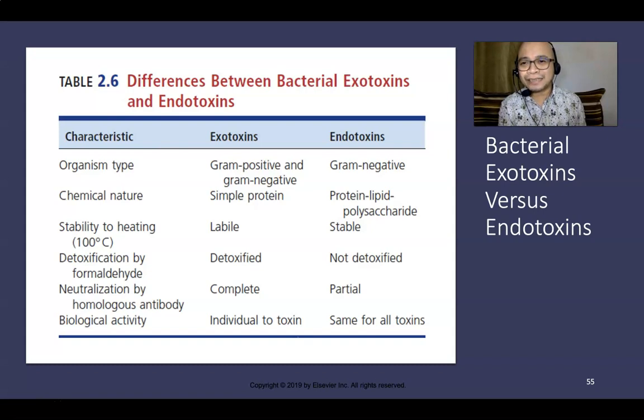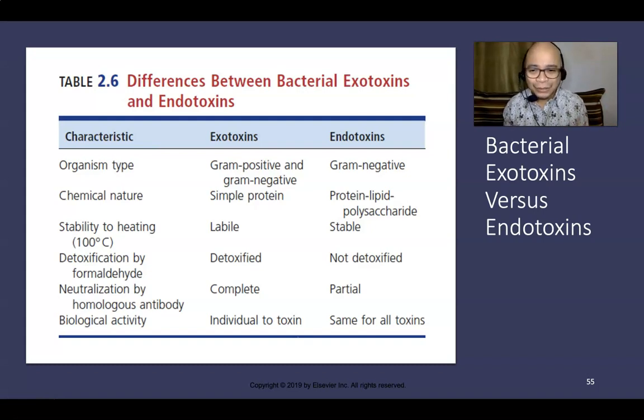And the biologic activity of exotoxin may depend on individual toxins, because as you can see in the table a while ago, there are several examples of exotoxin. We may have the potent exotoxins, such as Clostridium botulinum, which is a neurotoxin, and then we have the Vibrio cholerae exotoxin, whose target organ is the gastrointestinal tract.